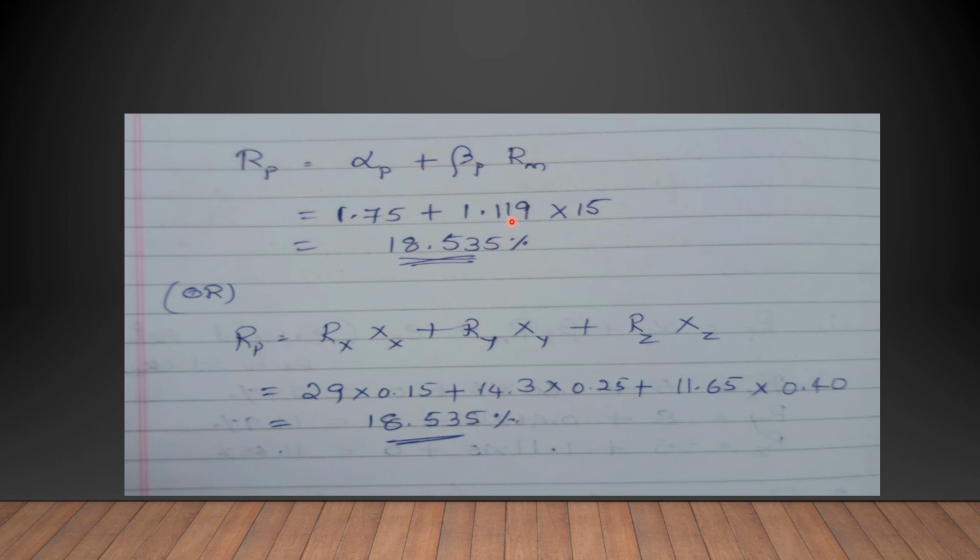Directly substitute the alpha value you have got, 1.75 plus 1.119 into the market return, which is 15.